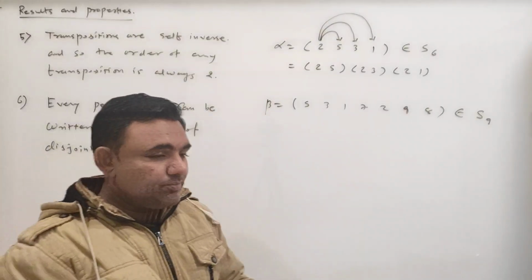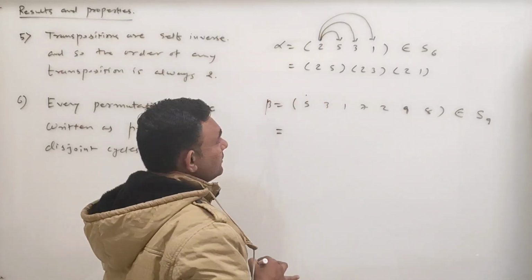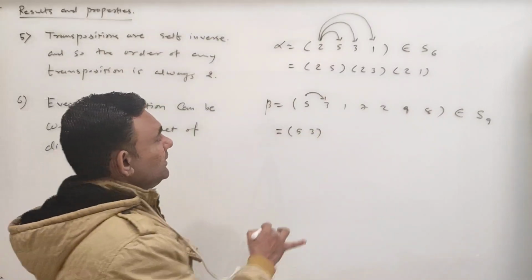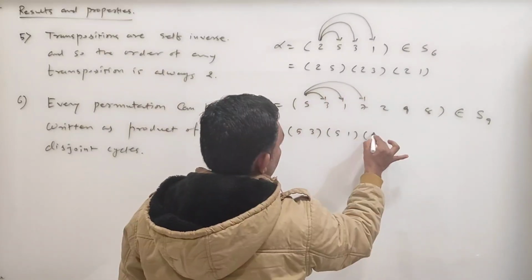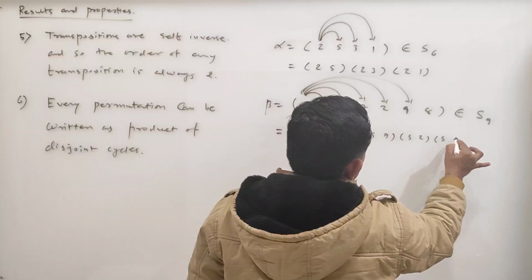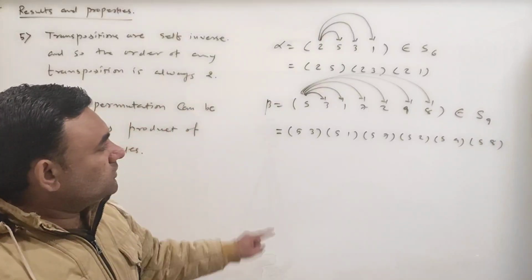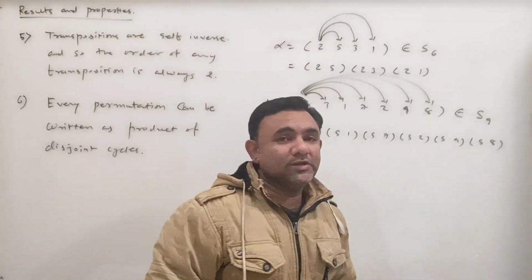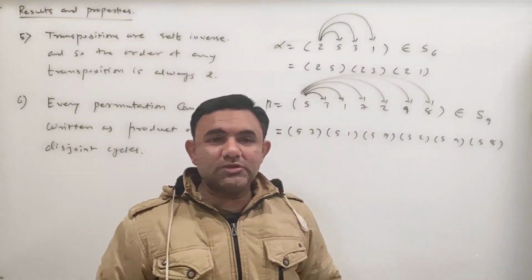And suppose I want to write as a product of transposition, then what is the way? 5 को fix कर दो. 5 with 3, you consider a transposition in this way, (5 3), then (5 1), then (5 7), (5 2), then (5 9), then (5 8), right? So this is what beta, product of transpositions. These transpositions are not disjoint, because 5 occurs in every transposition, right?